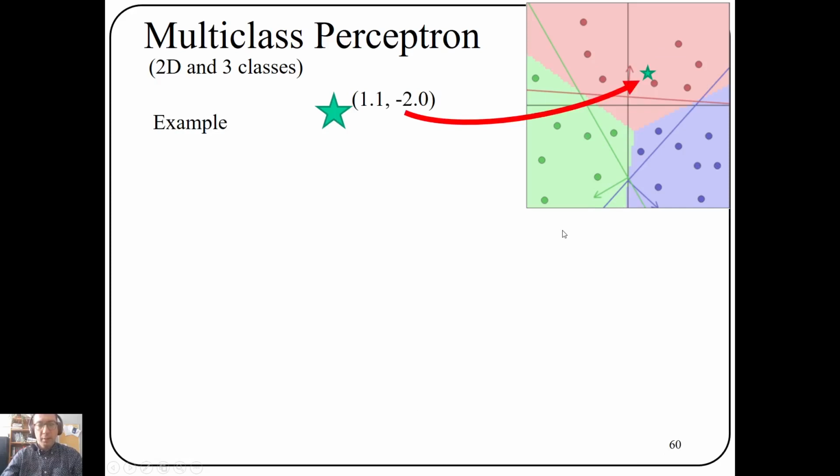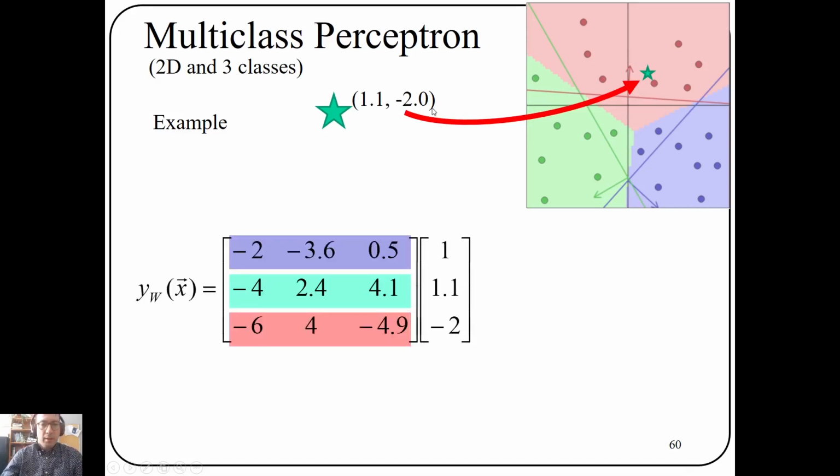Now let's take an example. Let's say we have a point at position 1, 1 and -2. This is a hypothetical example. If this is the set of parameters of our system, and we multiply this 3x3 matrix by this 3x1 vector, we will end up with a 3x1 vector where 2 of the outputs are negative.